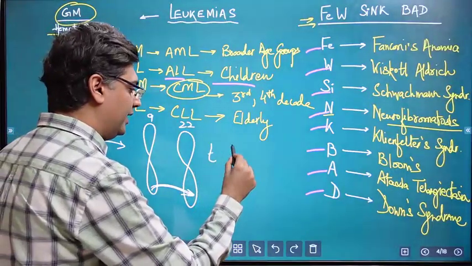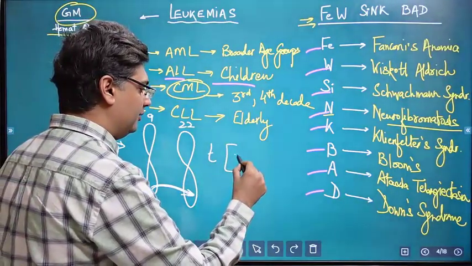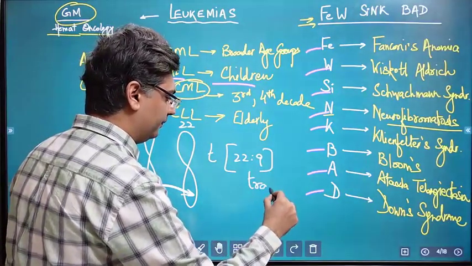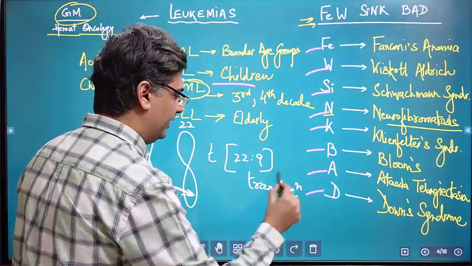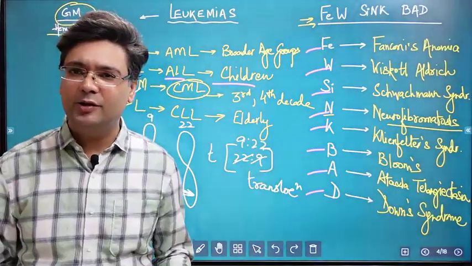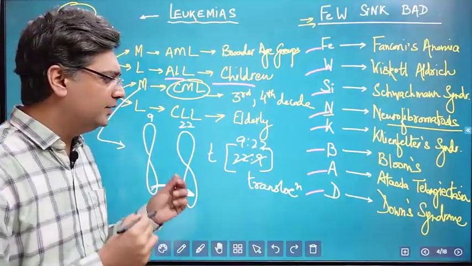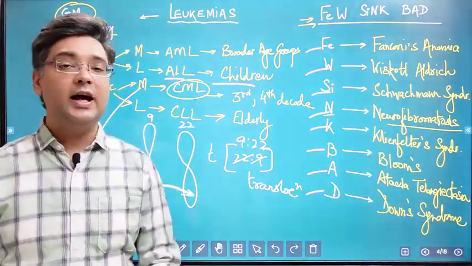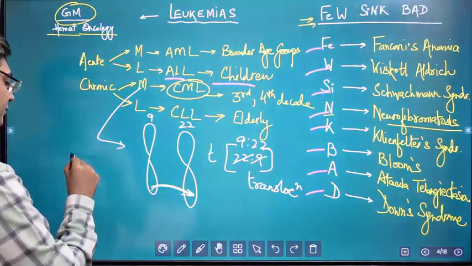This is called t(9;22) translocation. In fact it is written as t(9;22), and this translocation, when some part of chromosome number 9 attaches to chromosome number 22, is called the Philadelphia translocation.